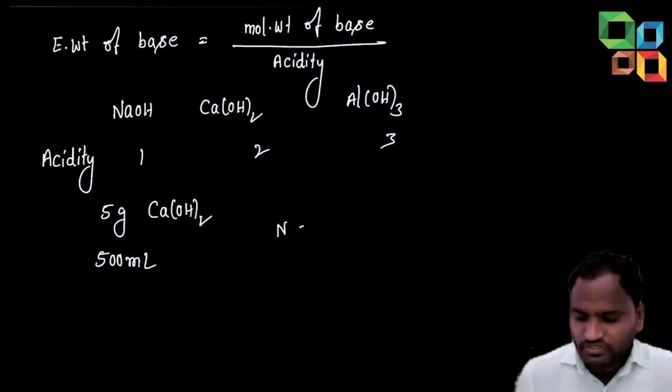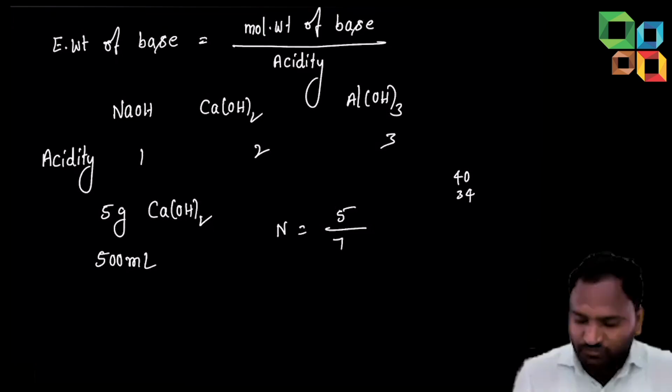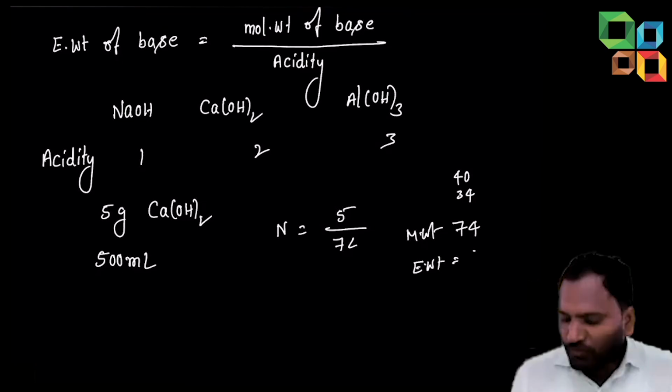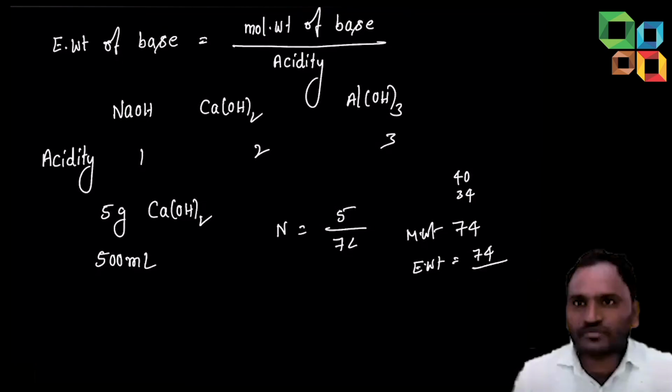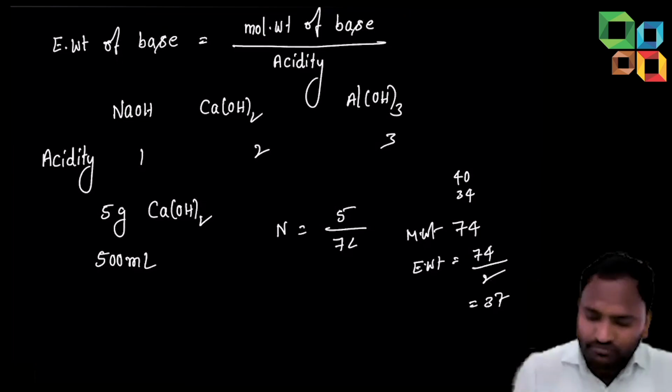So normality is equal to weight of solute 5 by equivalent weight of calcium hydroxide. How much, students? 40 plus 2 hydroxides mass is 34, so 74. Sorry, 74. This is the molecular weight. If you want to find equivalent weight, what you have to do? Molecular weight upon acidity. Acidity is 2, so we get 37.